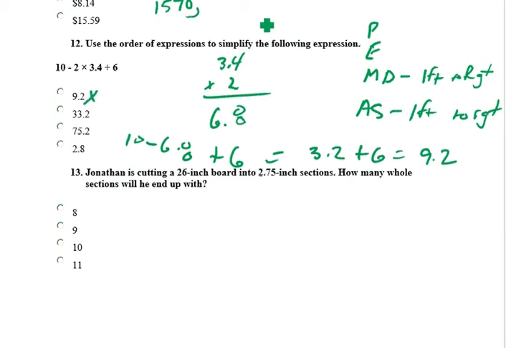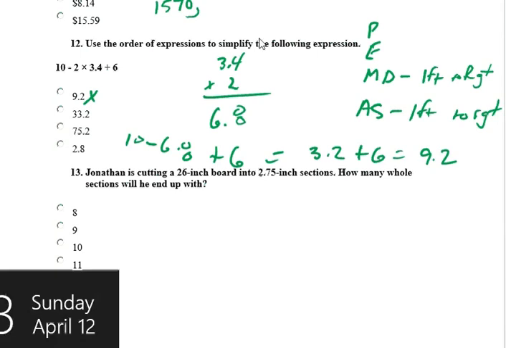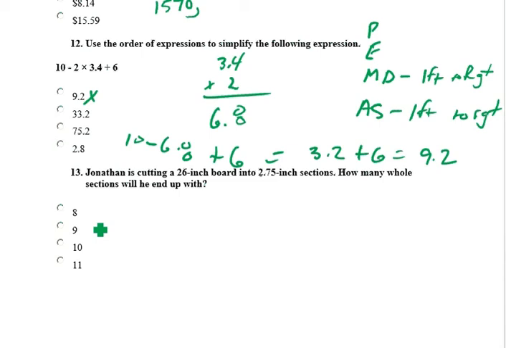And number 13, Jonathan. That's my name, except for it says John. I'm not Jonathan. But he is cutting a 26-inch board into 2.75-inch sections. How many whole sections will he end up with? Well, that's this 2.75 going into 26. How many times can you get 2.75 in 26?